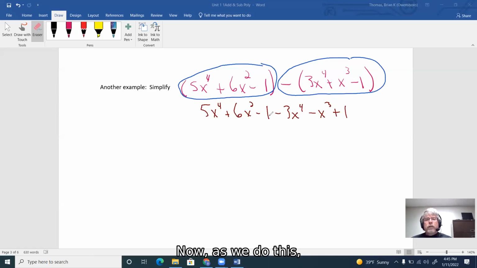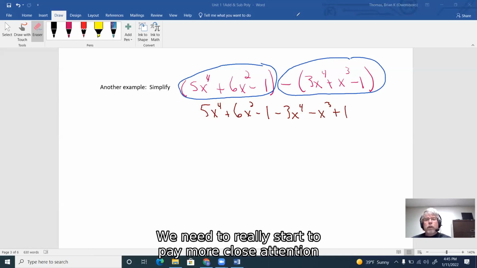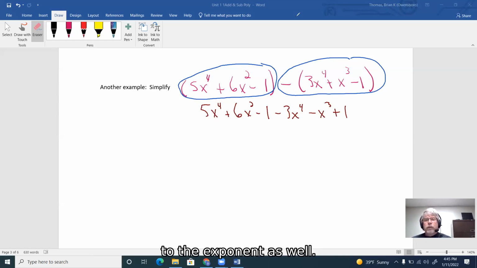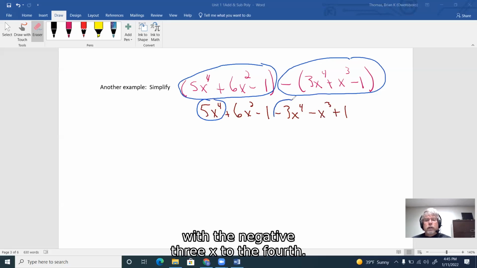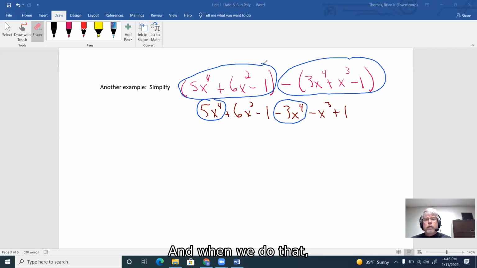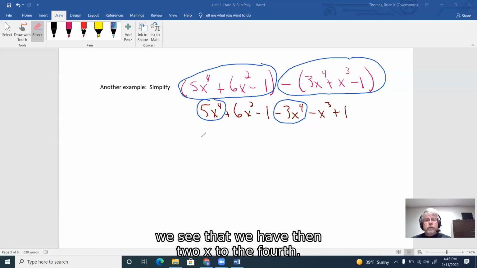Now, as we do this, since there's more and more terms, we need to start to pay closer attention to the exponents as well. So since the 4s are the biggest exponents, I need to put the 5x to the fourth with the negative 3x to the fourth. And when we do that, we see that we have then 2x to the fourth.